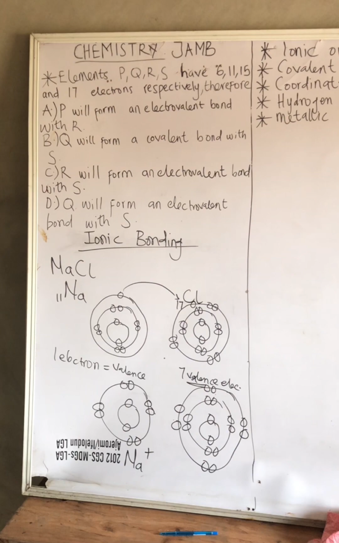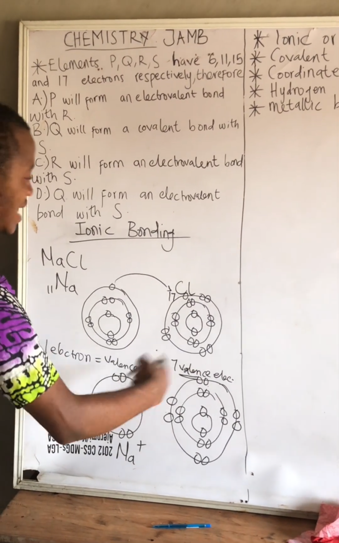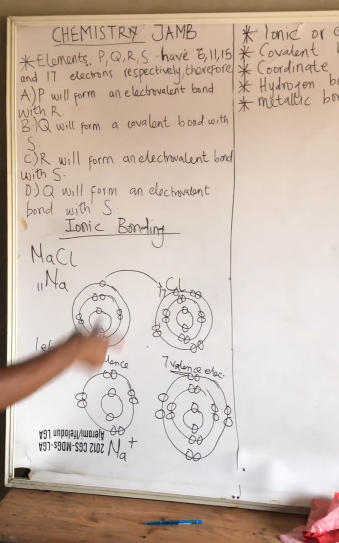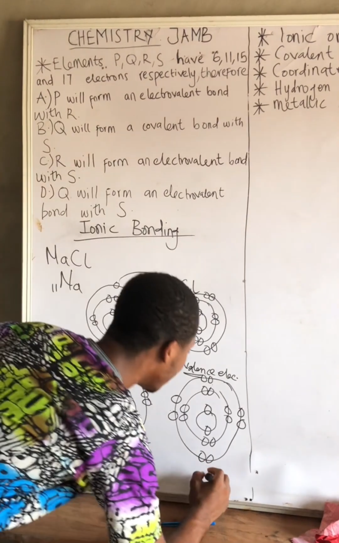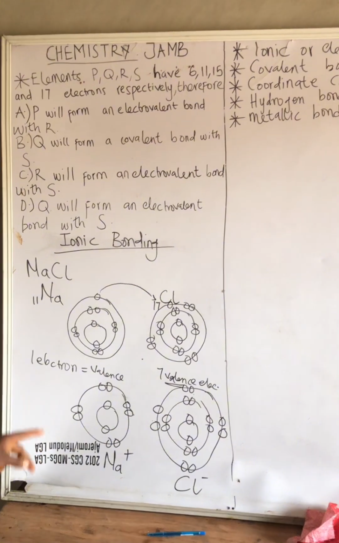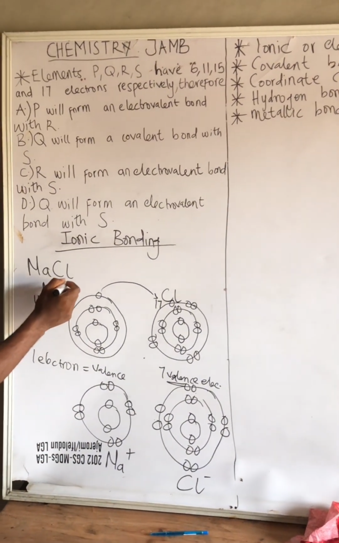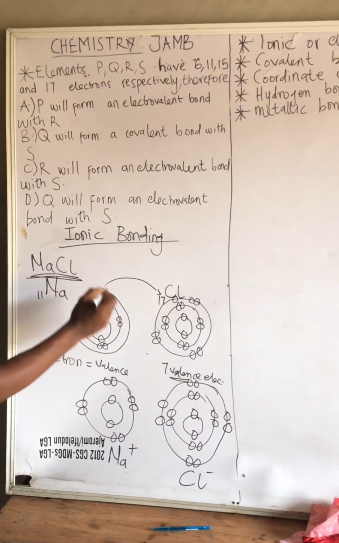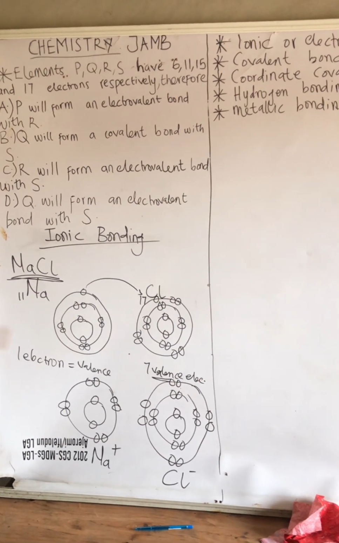So chlorine will now have 18 electrons, which makes it Cl minus. This is how sodium chloride is formed from ionic bonding.